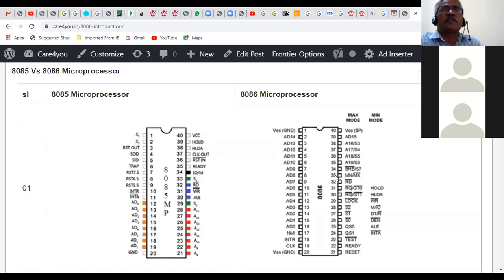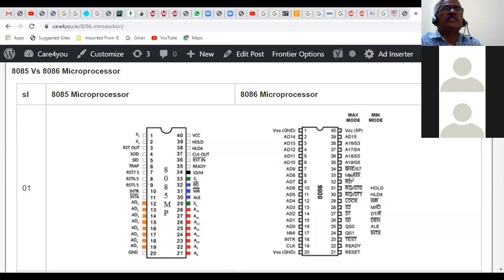Then you have pin number 33, which can be used for MN/MX bar. MX bar is the maximum mode of operation. That means this will be active when the pin is 0, when you connect it to the ground, so the processor will operate in the maximum mode of operation.